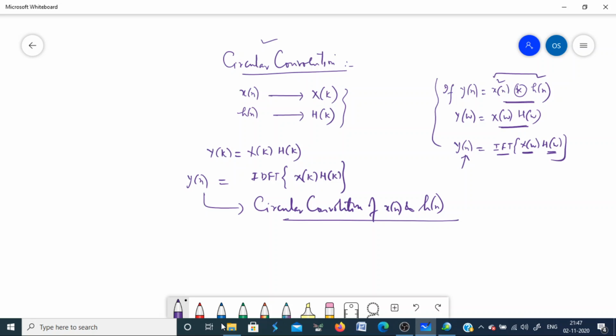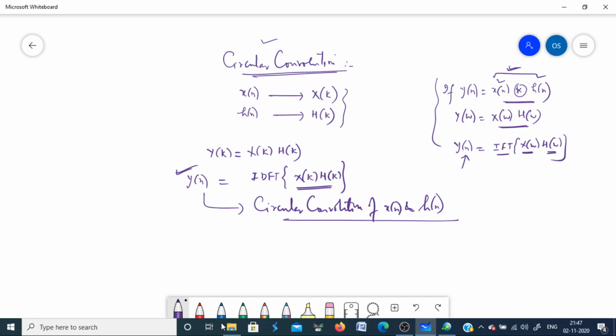So if you multiply the two Fourier transforms, it is the linear convolution of the signals in time. But if you multiply the two DFTs in the frequency domain, it is the circular convolution of the two signals. How you get this property, we will try to develop the mathematical proof for this, but this is the basic concept of circular convolution.